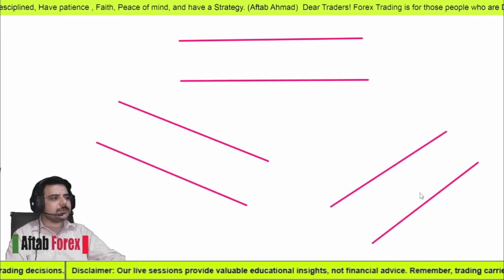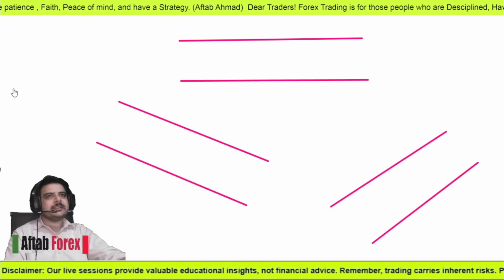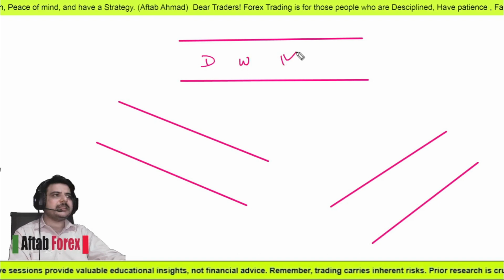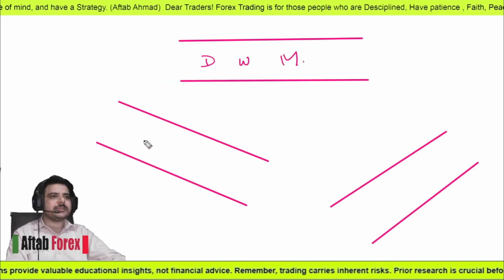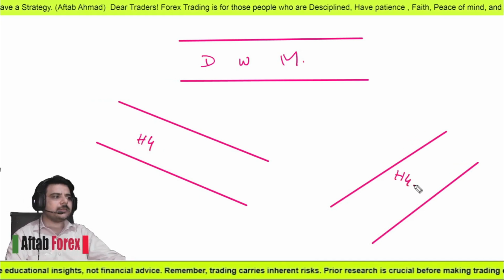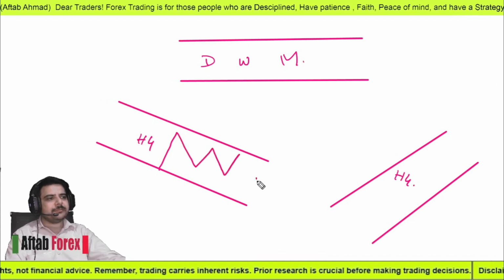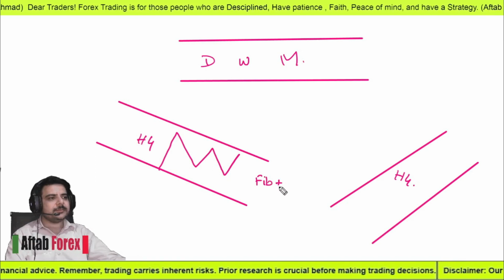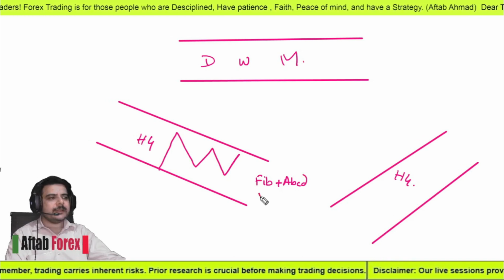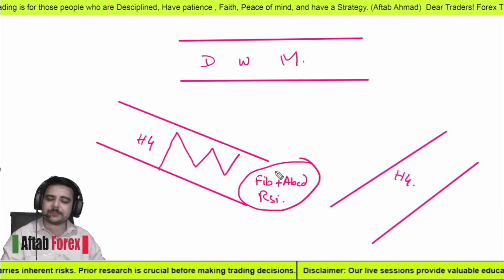This is usually the daily, weekly and monthly time frame, and these are usually H4, and inside them Fibonacci plus ABCD pattern and RSI overbought oversold, and you are good to go and take these trades.